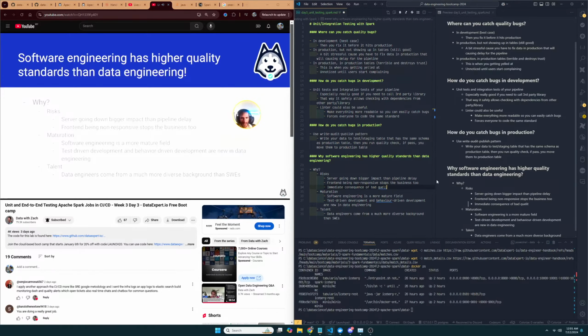I think a second area is that software engineering is just more mature than data engineering. It's been around a lot longer. Data engineering has only been around like 10, 15 years, whereas software engineering has been around, I don't know, 50 years. Big difference there.